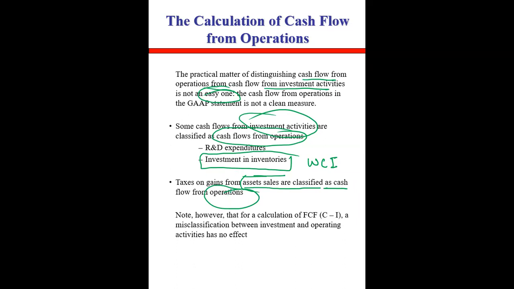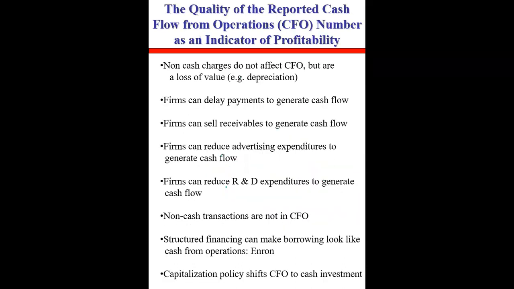Okay. Now, sometimes to make the cash flow numbers beautiful, managers engage in some activities which are not desirable. Managers may engage in selling receivables to generate more cash flow, or managers reduce the planned expenditure for advertisement, which is harmful in the long run.